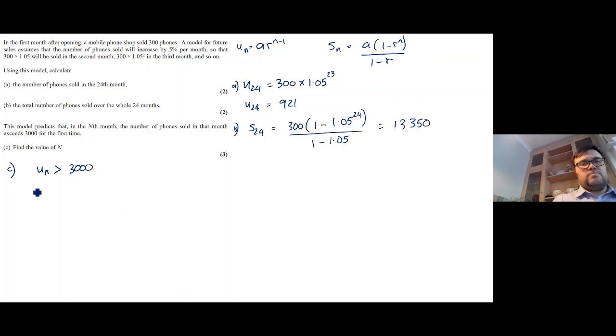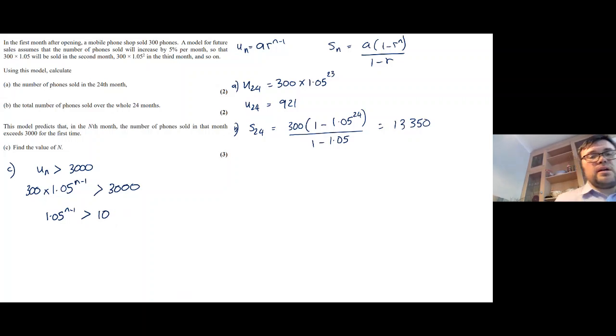Un is 300 times 1.05 to the power of n minus 1, and that must be greater than 3000. Tidying this up, the 300 goes over, so we've got 1.05 to the power of n minus 1 is greater than 3000 divided by 300, which is 10.